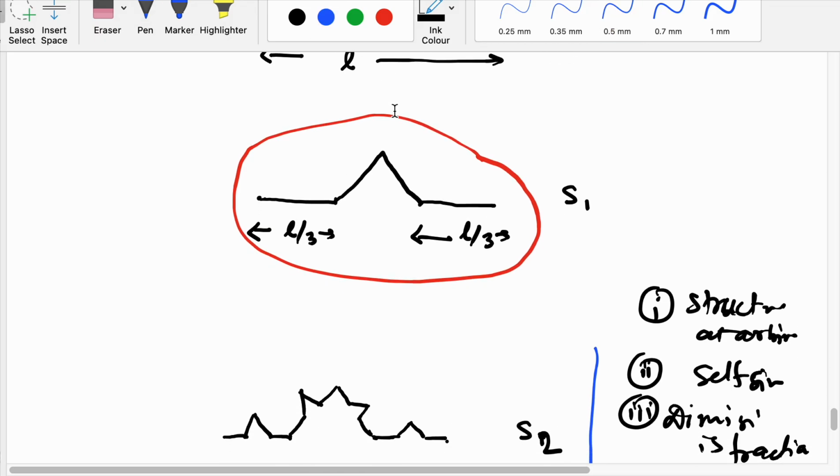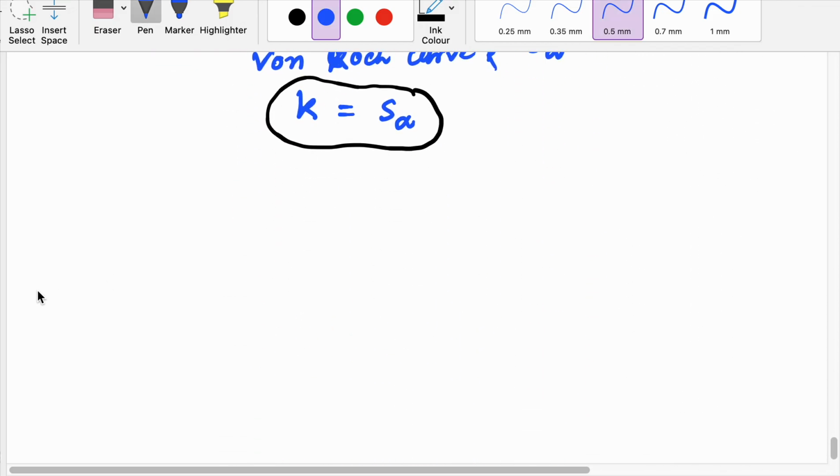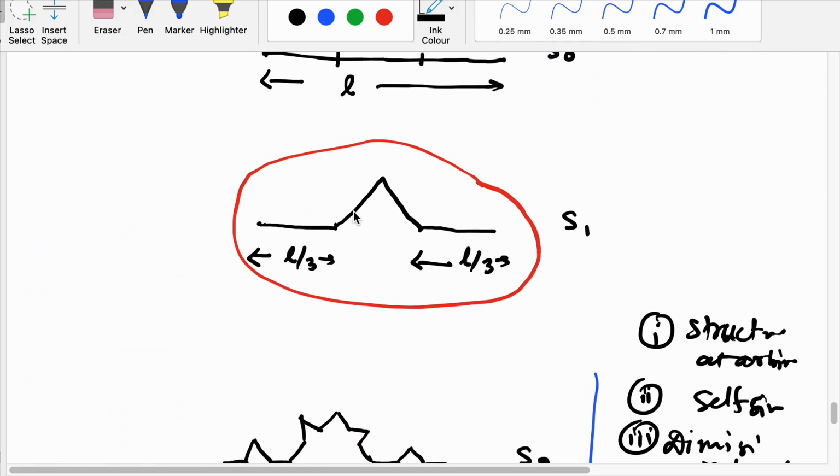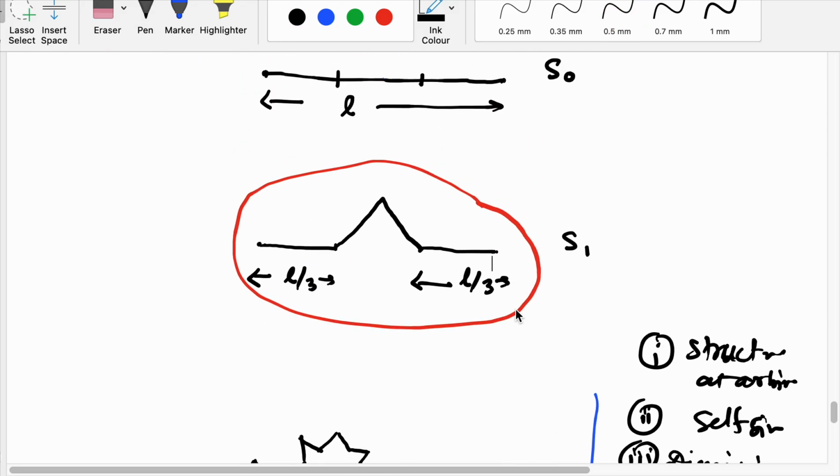Now one thing you can notice is the total length of S0, which was L. First of all, this is S0. Suppose you want to know where this point, the end point, is. What is the distance between the end points?